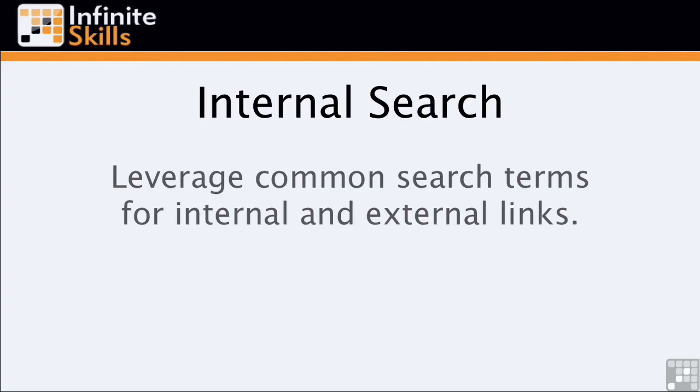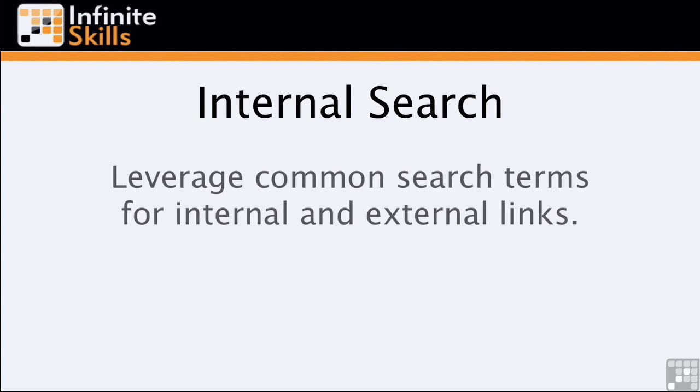This is one that I see missed a lot. This is a really big missed opportunity. Because you have a dynamically generated site and users are searching for content, and in our example, we used red size 8 shoes, one of the things that you're going to want to do is keep track of your internal search.